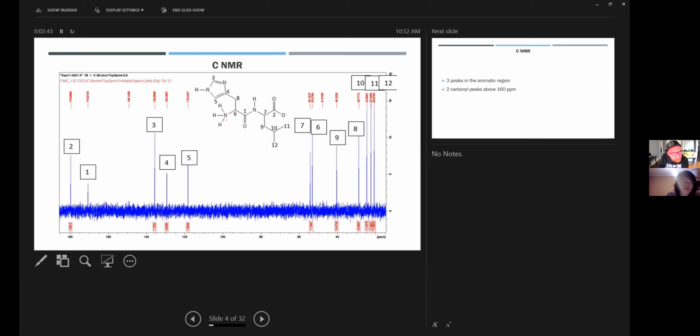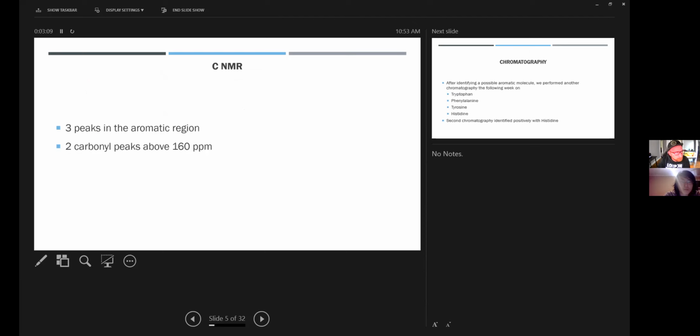That was the first point during the identification phase where we had a way to start narrowing down and looking at specific amino acids, as opposed to just drawing straws from a hat and testing every amino acid that was in the lab.